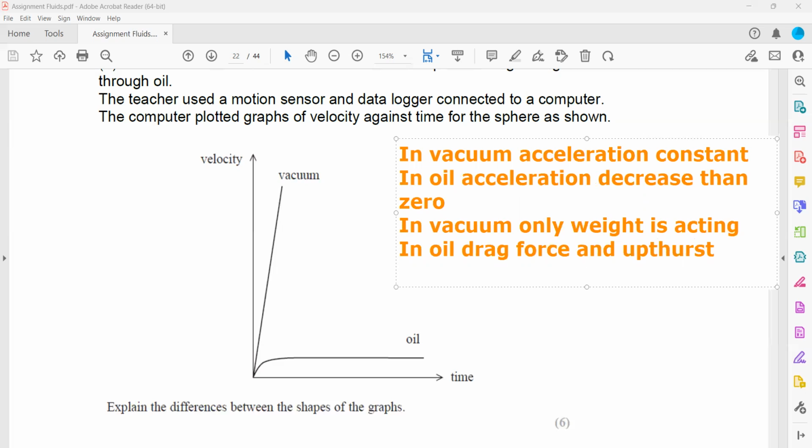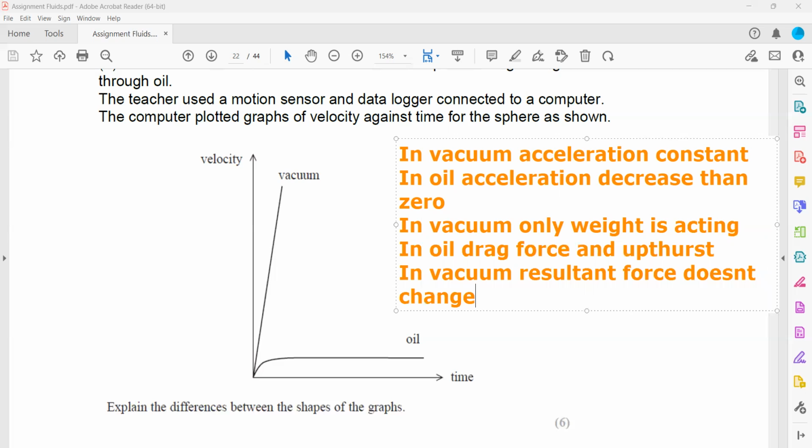Then in vacuum, what will happen? The resultant force does not change. When in oil, what will happen? The resultant force decreases.